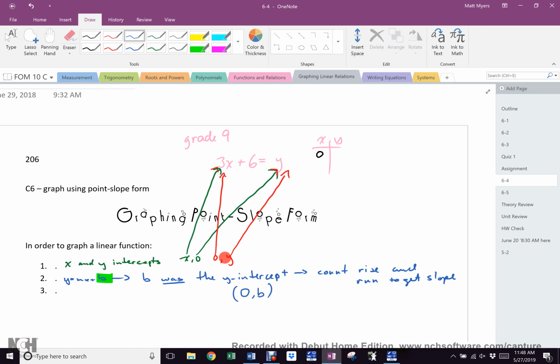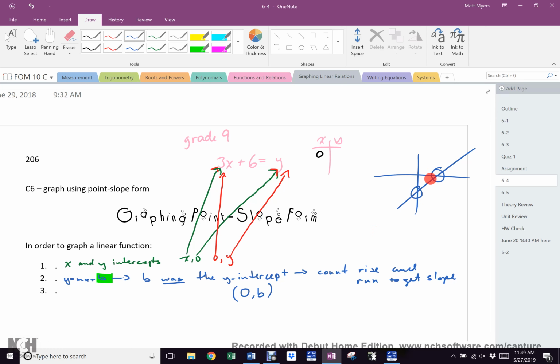Now you will notice that everything we've done so far does a lot of focusing on intercepts, yes? Now, if I were to draw this line, how many intercepts are on that line? 2. How many other points are on that line? Infinite.